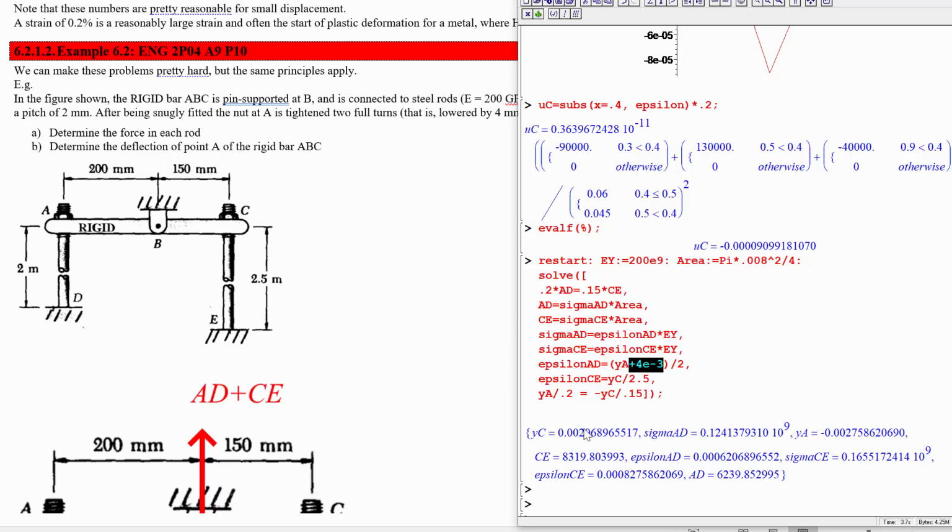Now point C has 2 millimeters of extension, so it has more extension, which, given that it's longer, it needed anyway to have the same strain, but it has more than the proportional amount that you would expect, so even more strain from that even more displacement. So this is the epsilon, right? Epsilon CE is larger than epsilon AD, and this is what's required for it to have a higher stress and therefore a higher force.